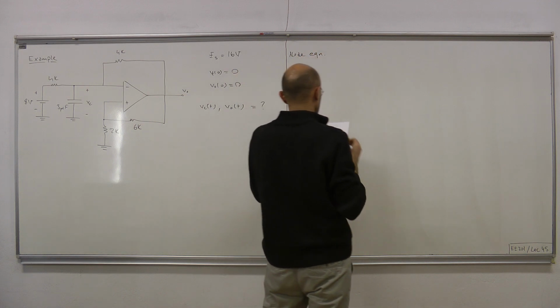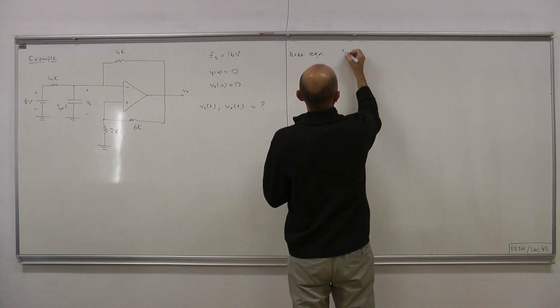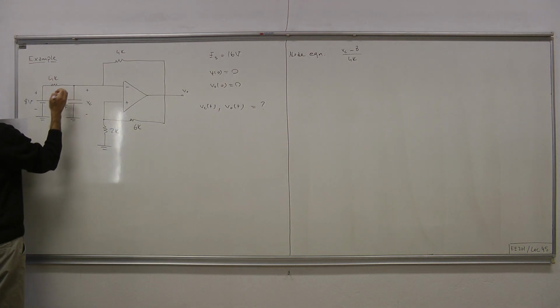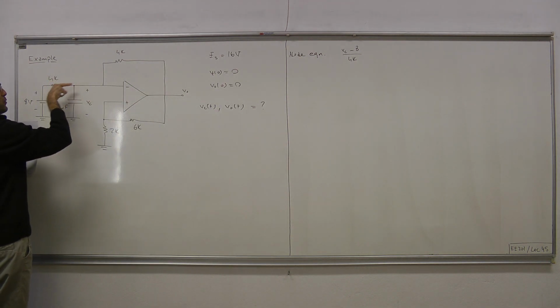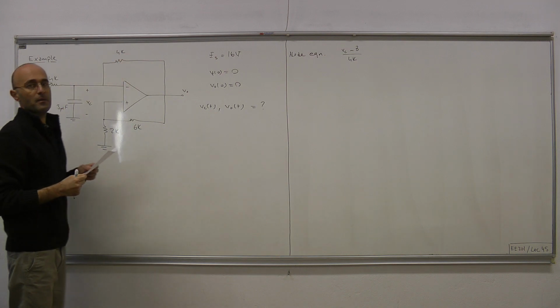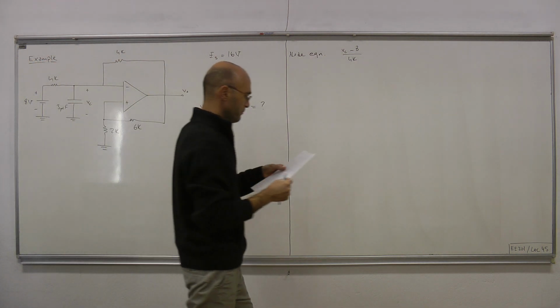By KCL we have (EC minus 8) over 4K. So we're talking about this current. Then we have this current, and we have the capacitor current, and that sum must equal 0.